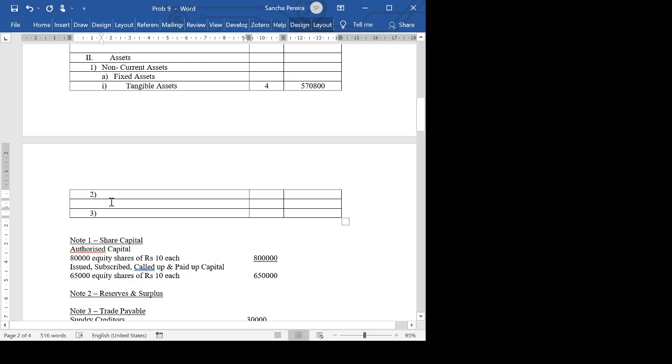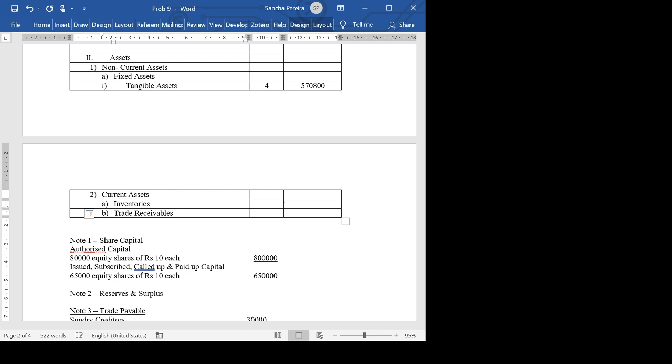That is current assets. Now under current assets, we don't have current investments. Then we have inventories. So our first item will be inventories. After inventories, we have trade receivables.